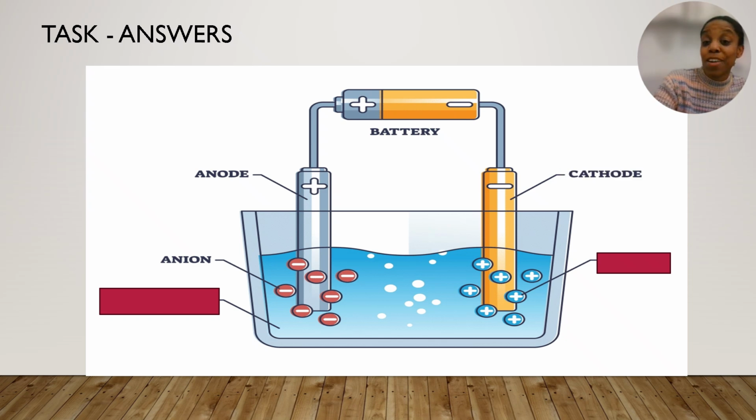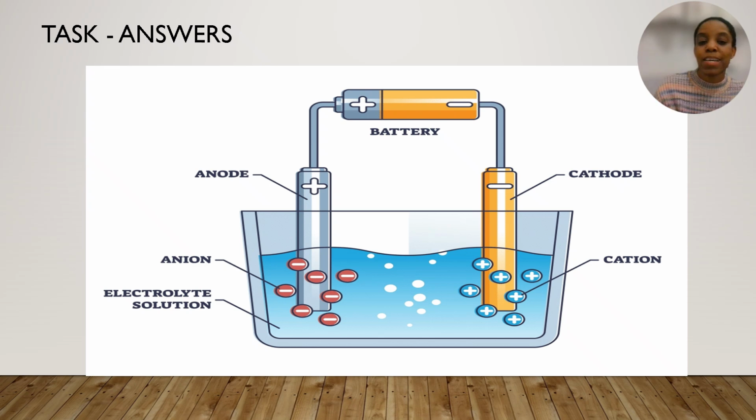On the other side, we have our cathode, which is our negative electrode, and attracted to our cathode will be our cations. Cathode, cations. See the link? And this takes place in the presence of our electrolytic solution, which is called our electrolyte. Did you get them right?